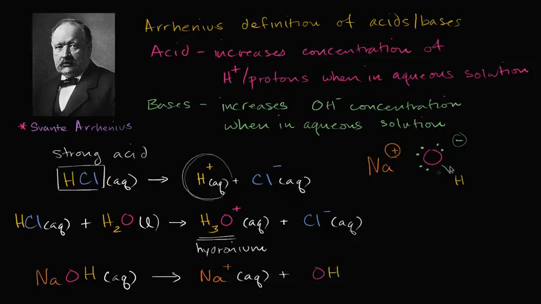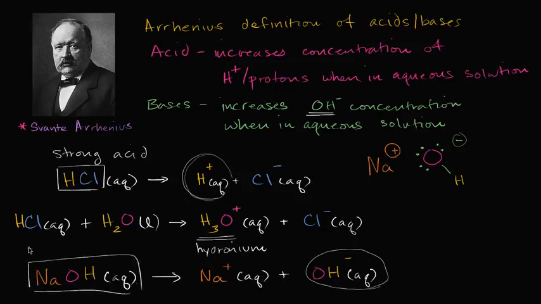So essentially, this thing just dissociates. This has a negative charge, and it's still going to be dissolved in the water. So you throw sodium hydroxide in water, it's going to increase the hydroxide concentration. And so by the Arrhenius definition of acids and bases, this would be a strong Arrhenius base.